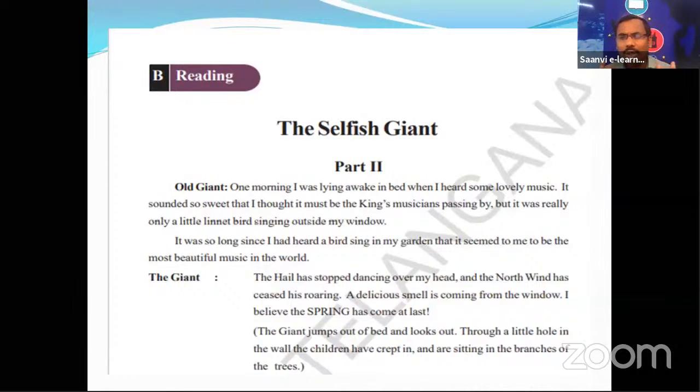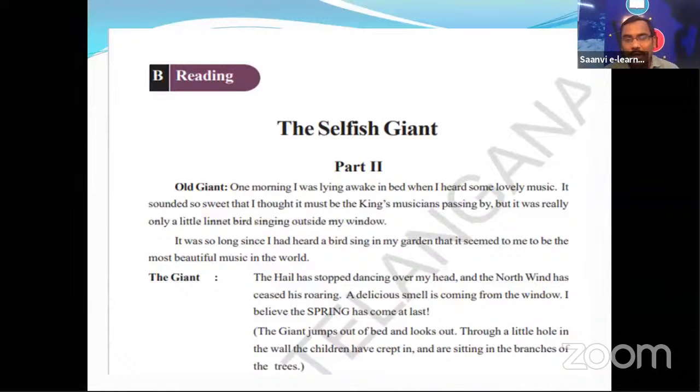The first thought that came to the old giant's mind was that some king's musicians were going along the road. But it was really only a little linnet bird singing outside my window. Later he understood that it was a bird singing outside the window.